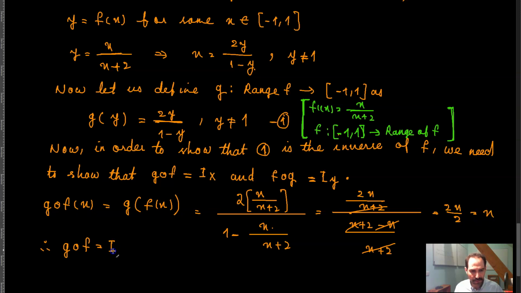That means that GOF is equal to I of x, meaning that whichever one of these x's is input into the function f, if I give each and every one of those inputs into this function GOF, I'm going to get the same thing back. As you can see, GOF of x is equal to x. And this x represents any input into this function from that set, of course.